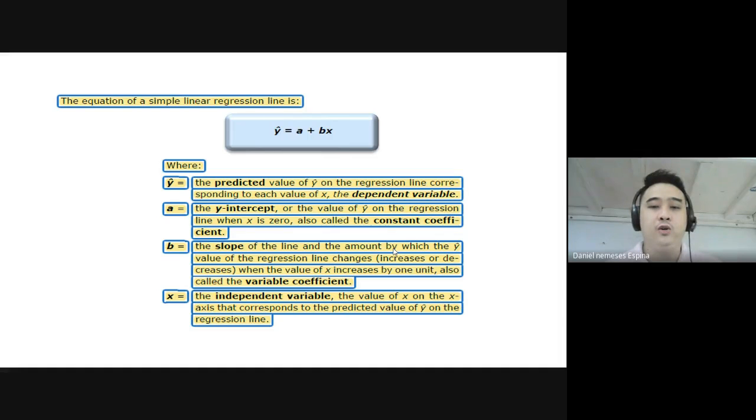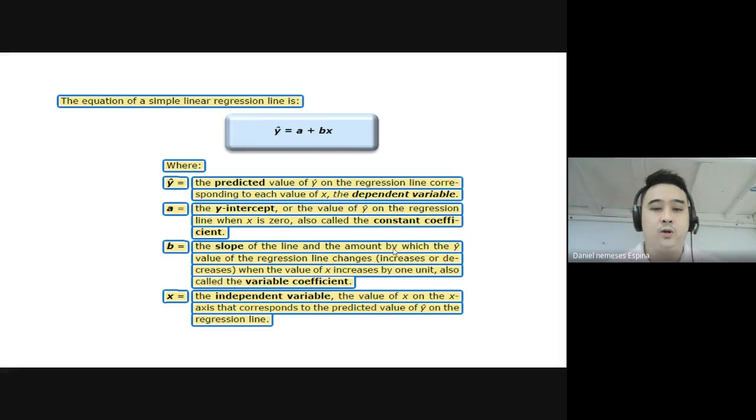So y hat, the predicted or forecasted value, is equal to the fixed a, the constant coefficient, regardless of the year, which is an amount, plus b, the slope, also known as the variable coefficient, the variable that changes over time.